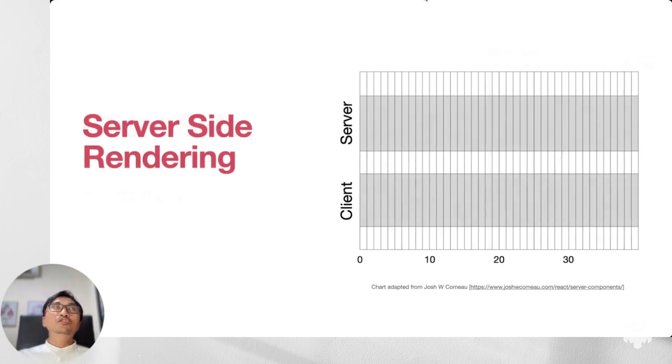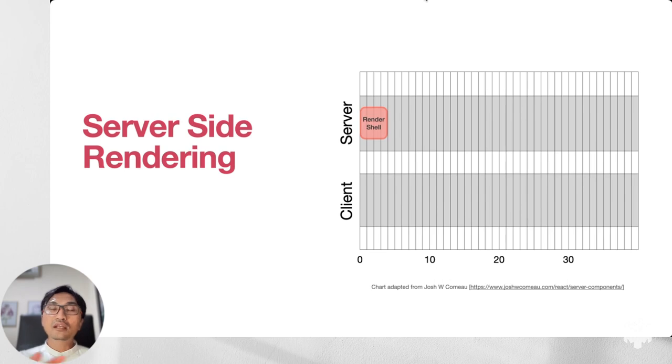To fix the problem of waiting a long time, and the bad SEO because of the waiting and the bad performance, React and React frameworks such as NextJS came up with something called server-side rendering.